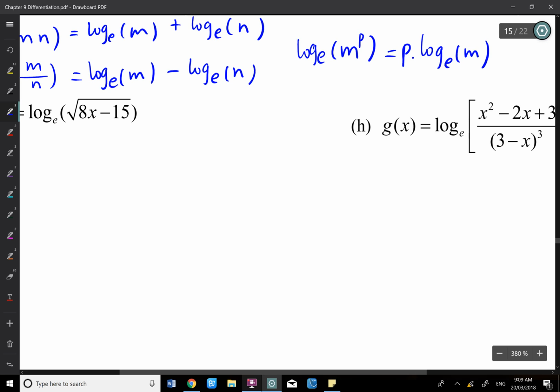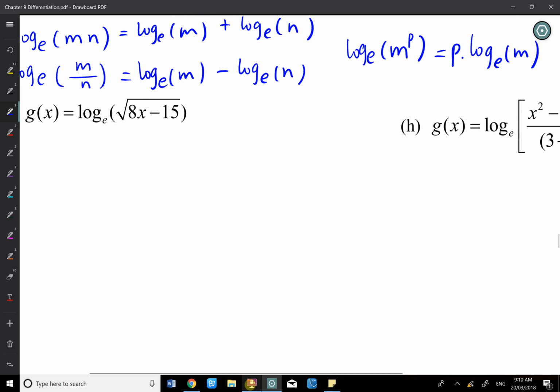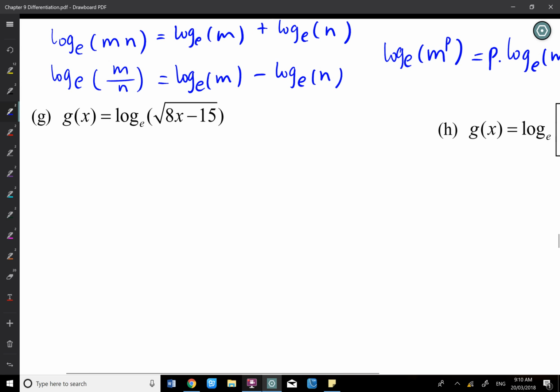Then you think about g, what we can change first before we derive it.